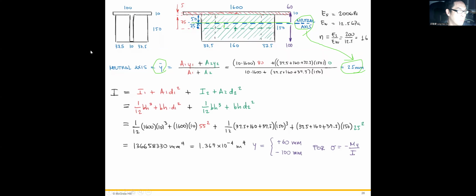And then we can use the parallel axis theorem, right, to figure out the moment of inertia, the second moment of inertia, right? I1 plus A1 D1 squared plus I2 plus A2 D2 squared, right? For the I1, it's a rectangular cross section equals 1/12 times bh cubed plus bh d1 squared, right?